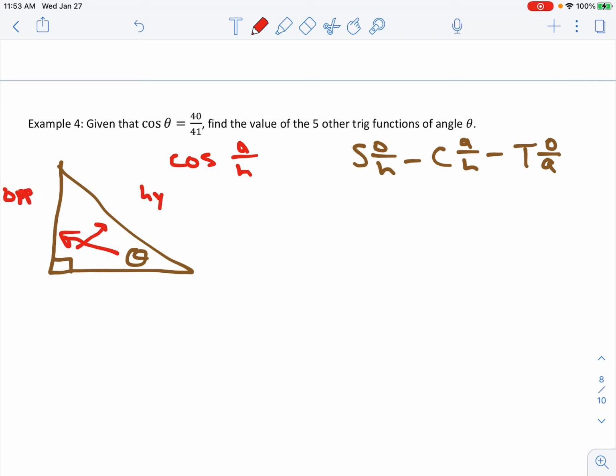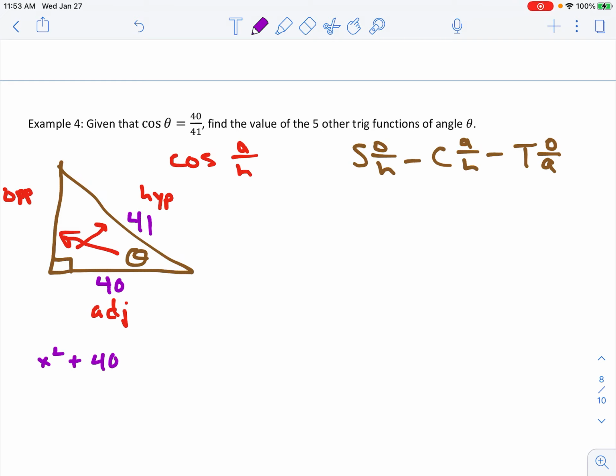Across from 90 is always the hypotenuse, which makes the last side the adjacent. Notice this time they gave us cosine. They gave us 40 in the spot of A, so I'm going to put 40 on the adjacent side. They put 41 in the spot where my H would have been, so I'm going to put 41 on the H. You'll notice I'm missing a side again on my triangle, so I have to do some Pythagorean theorem first.